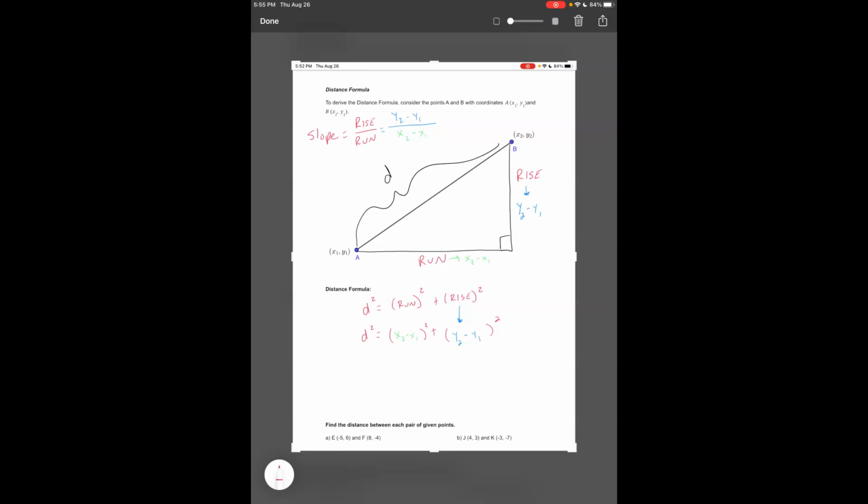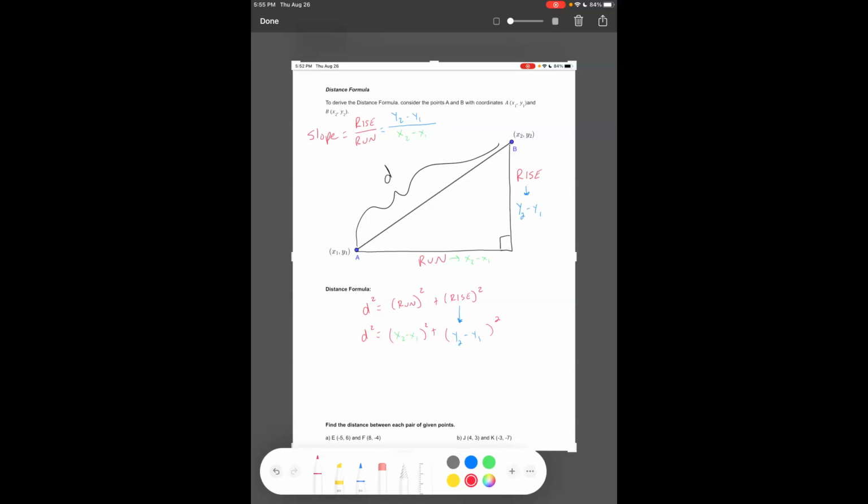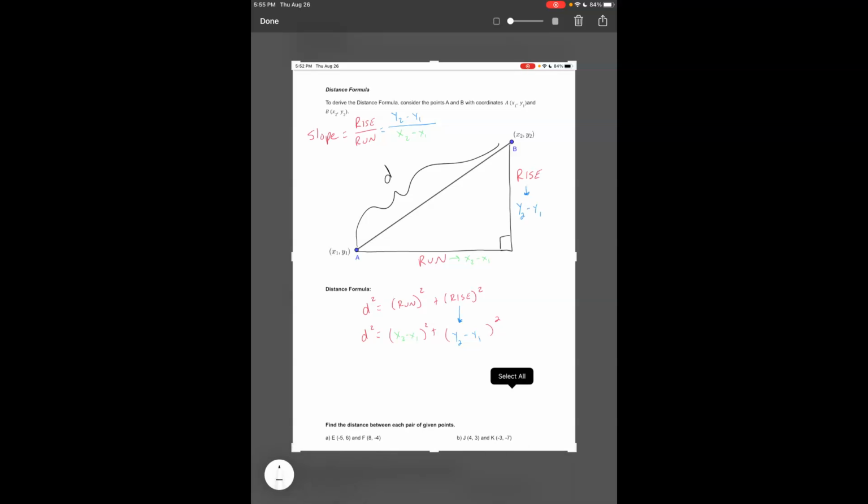All right, so now we're solving for distance, right? And we can never have negative distance, so it's only positive distance. So to get distance squared by itself, we can take the square root of both sides, and the distance formula, d, is just equal to the square root of (x2 minus x1) squared plus (y2 minus y1) squared.